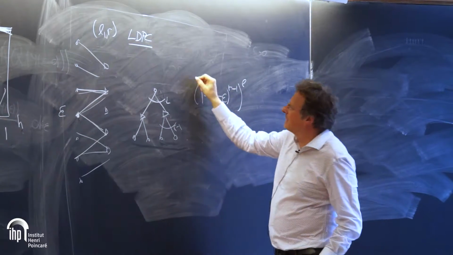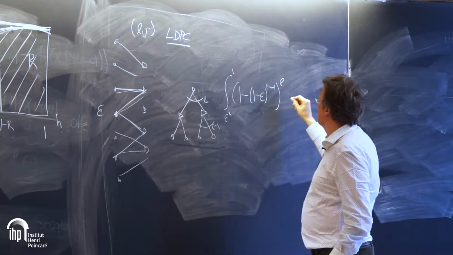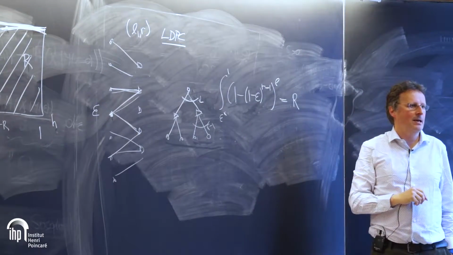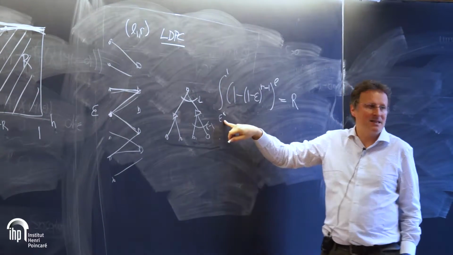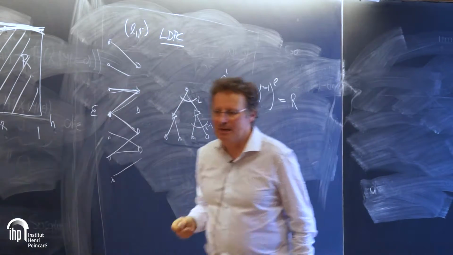And if you integrate this from some epsilon star to 1, and you choose it in such a way that this is equal to the rate, and figure out what the epsilon star will have to be, you will find that this epsilon star is not a half.